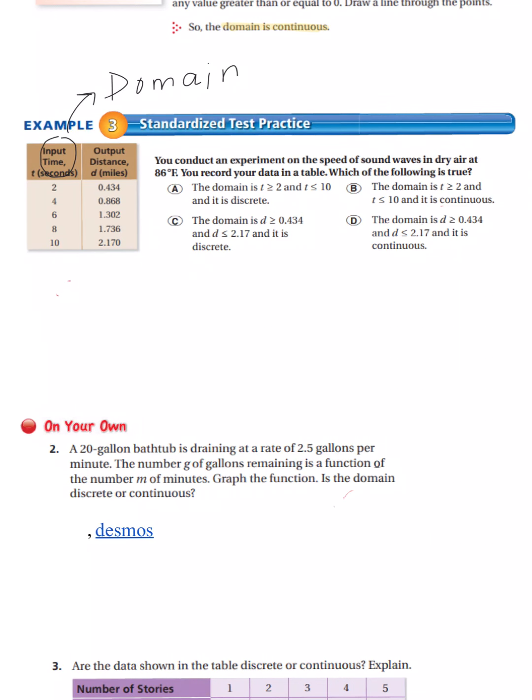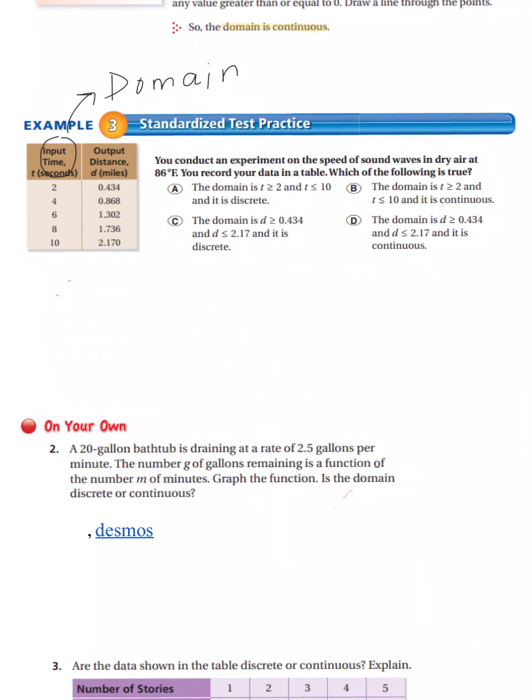If I'm dealing with my input time in seconds, then my domain has to involve t in the answer. Which two answers can I immediately cancel since they don't have t in the answers?